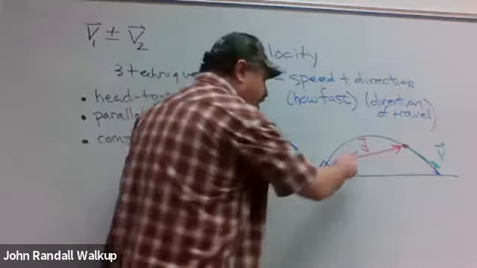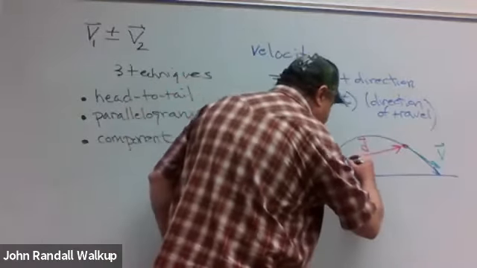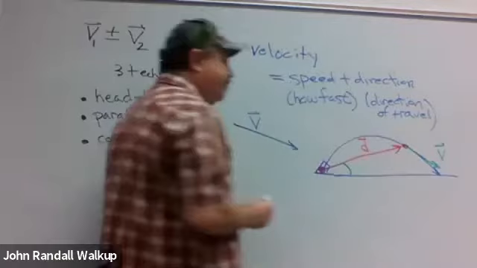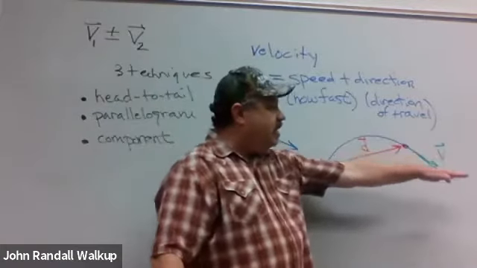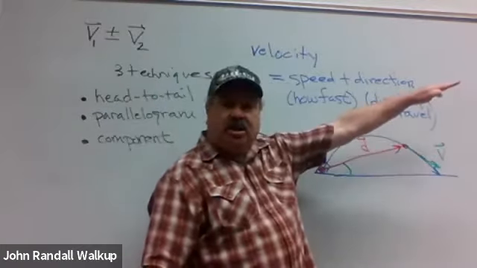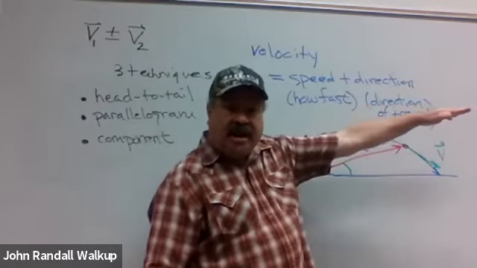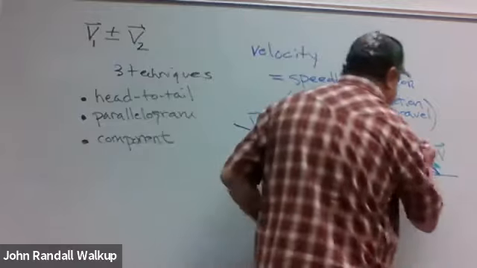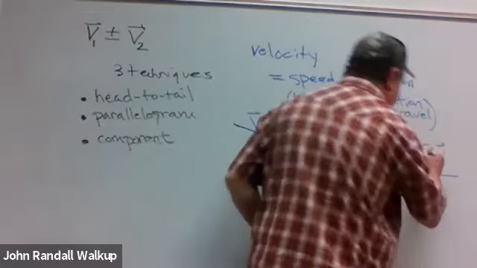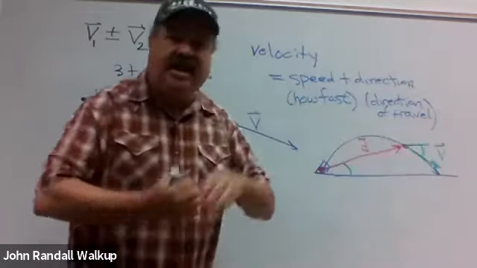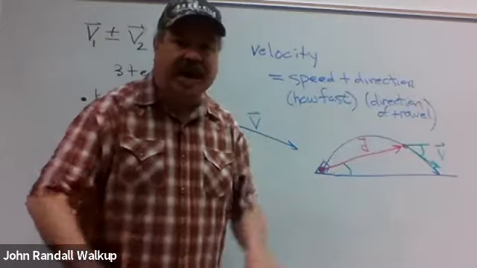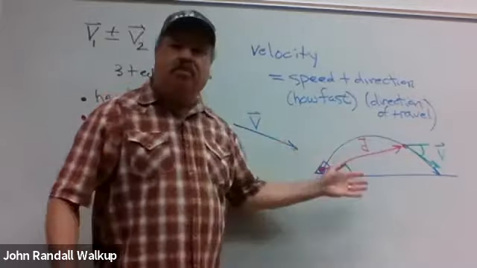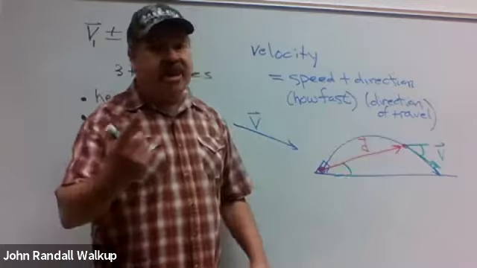The direction of the displacement is this direction here. It's the direction at which you have to point towards the object where it's located. The direction of this vector is this angle here. Completely different directions, okay? And when we do projectile motion later, we're going to have to remember that.